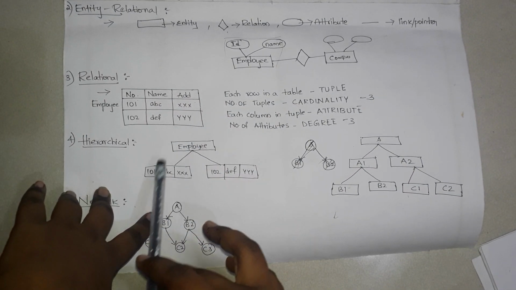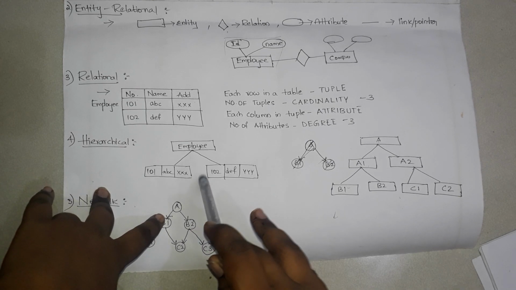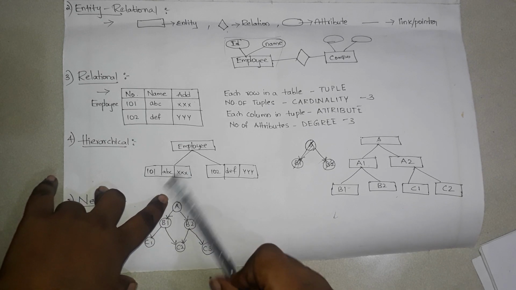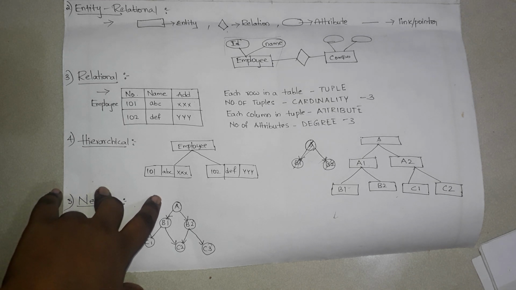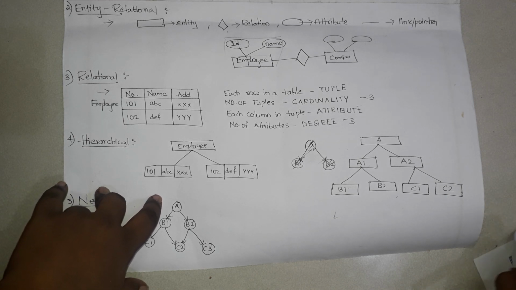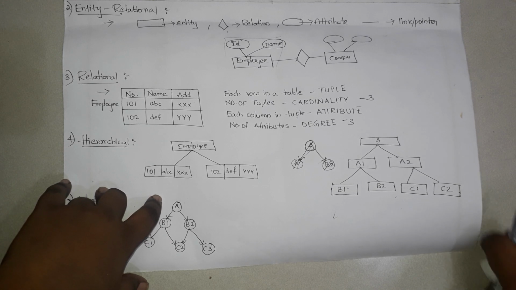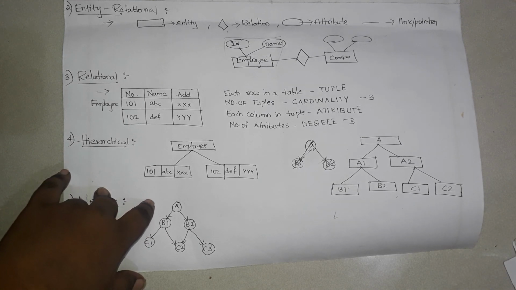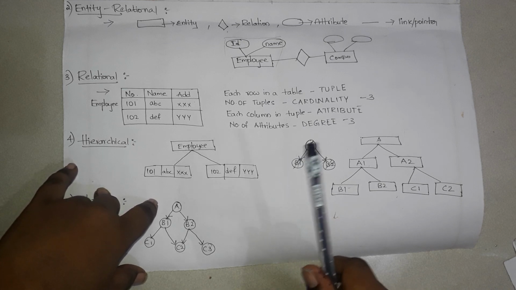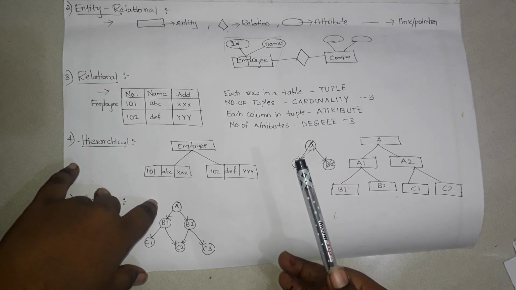So coming to the advantages and disadvantages of the hierarchical database model. Already we know the hierarchical database model is in the form of a tree. The advantages of the hierarchical database model are that this model allows very easy addition and deletion of new information.